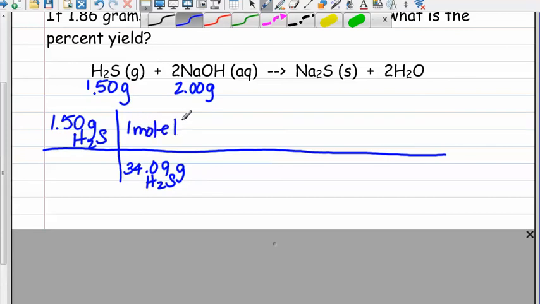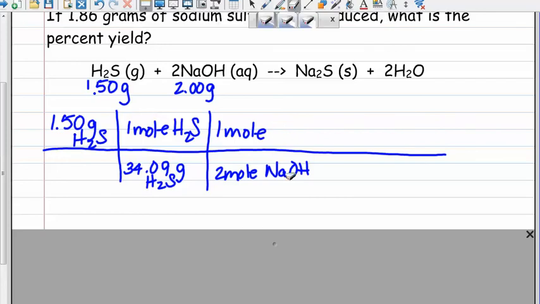Now I need to use my mole-to-mole ratio to move from moles of H2S to moles of NaOH. So I have, according to the balanced chemical equation, 2 moles of NaOH compared to 1 mole of, oops, excuse me, I need to reverse that, don't I?